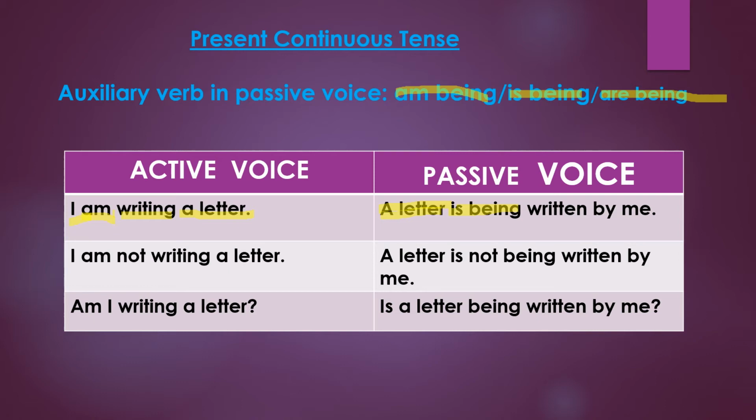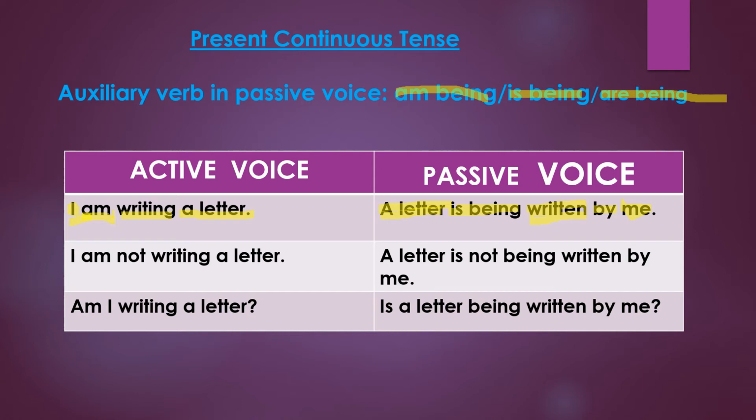Auxiliary verb is, for present tense, it is being. And as usual, the third form of the main verb, that is write, becomes written. And then by, as we know, we have to add by. And then here I changes to me. As per the pronoun table we have studied, I becomes me in passive voice.